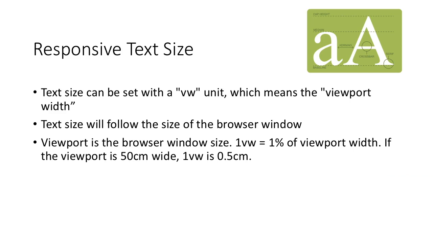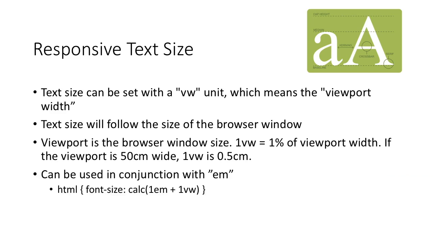So the viewport is the browser window size. So 1 VW is roughly 1% of the viewport width. So if the viewport is 50 centimeters wide, 1 VW is 0.5 centimeters. And you can also use it with the EM, remember, or EMS.